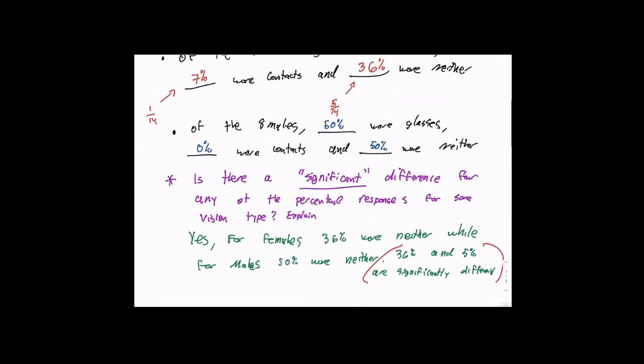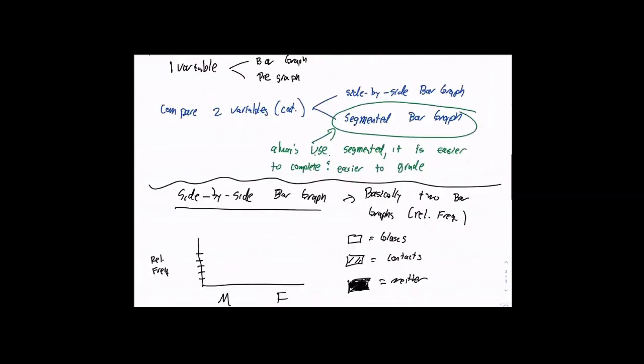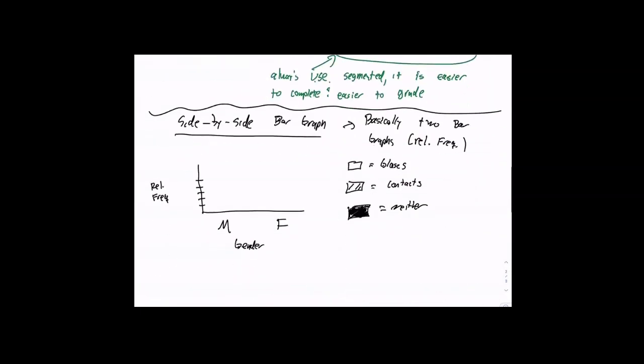What is the highest percentage of all of them? 57%, which means that I need to go to at least what? 60. Yeah. I need to go to at least 57, which means I'll go to 60% in this problem.